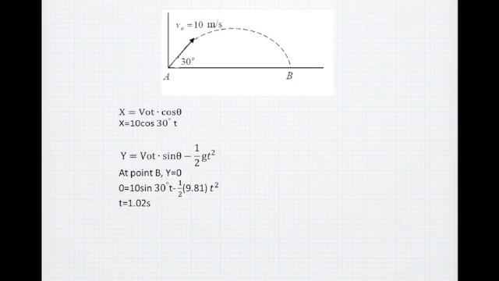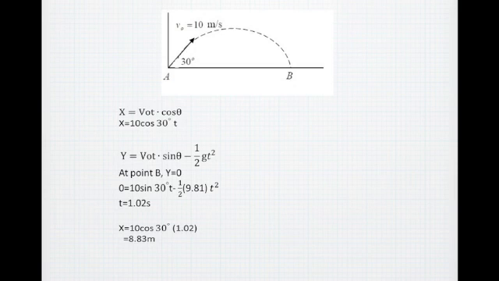So we substitute y equals 0 into the equation, and we get 0 equals 10 sine 30 t minus half times 9.81 times t squared. So we can easily figure out t, which is 1.02 seconds.